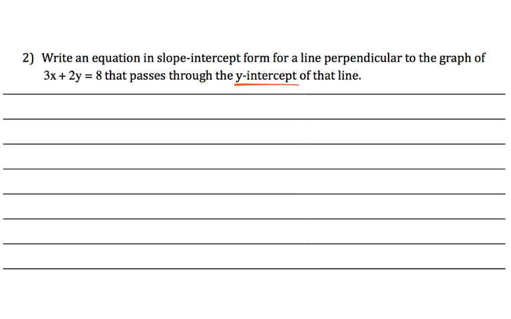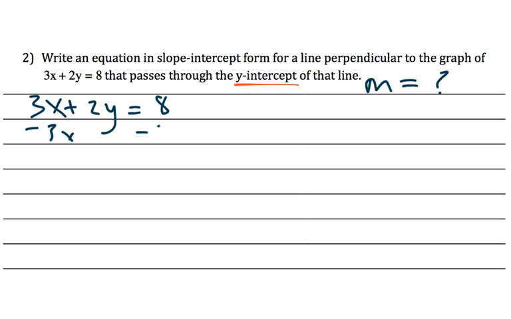Over here, I won't bother drawing the graph like I did last time, but we have our old line. We know the old line has a slope of mystery. So the challenge is we have to figure out the slope of this line. The old line is 3x plus 2y equals 8. It's hard to tell what the slope is when it's in standard form.